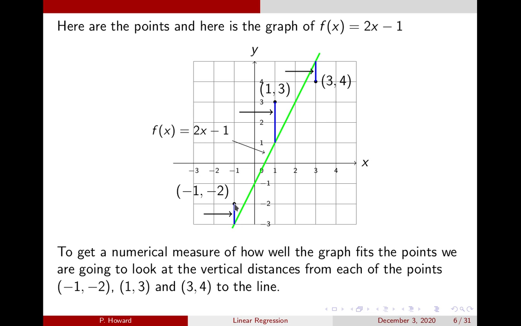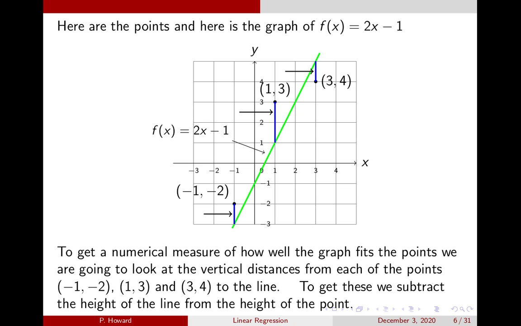The vertical distance from the point (-1, -2) to the line, the vertical distance from the point (1, 3) to the line, and same kind of thing for the vertical distance from (3, 4) to the line. So to get these vertical distances, we are going to subtract the height of the line from the height of the point.